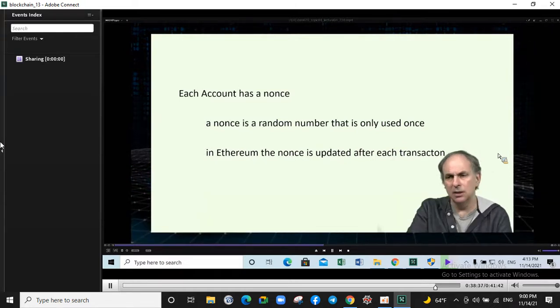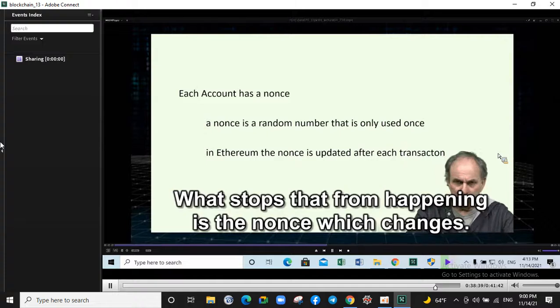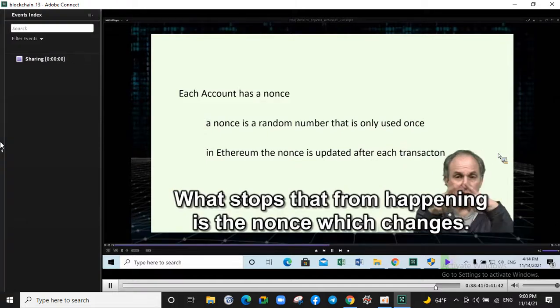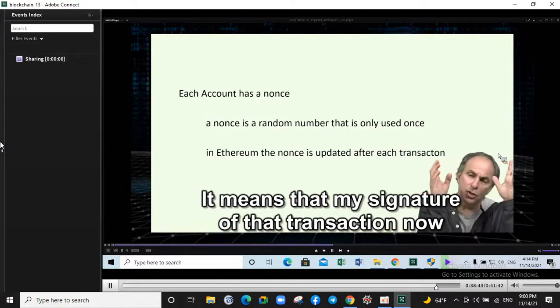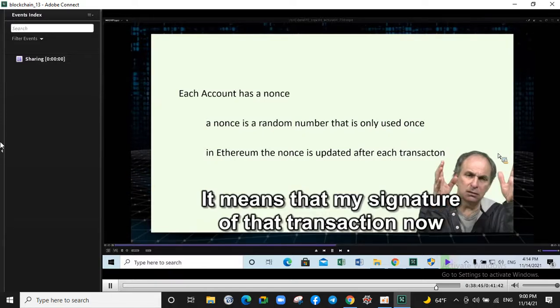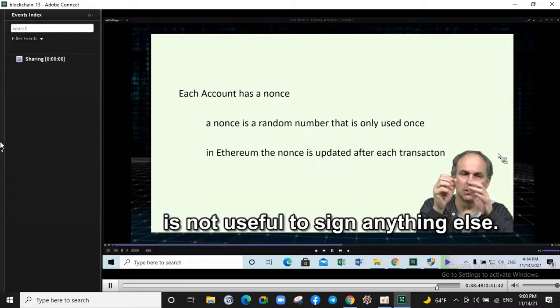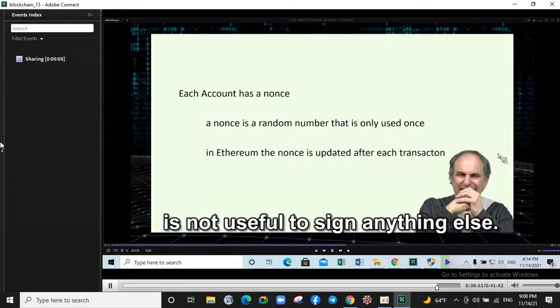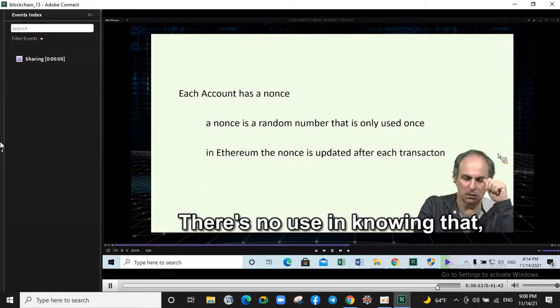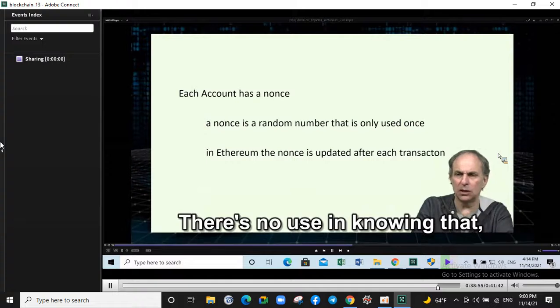But what stops that from happening is the nonce, which changes, which means that my signature of that transaction is now not useful to sign anything else. It's not going to let you do anything else.